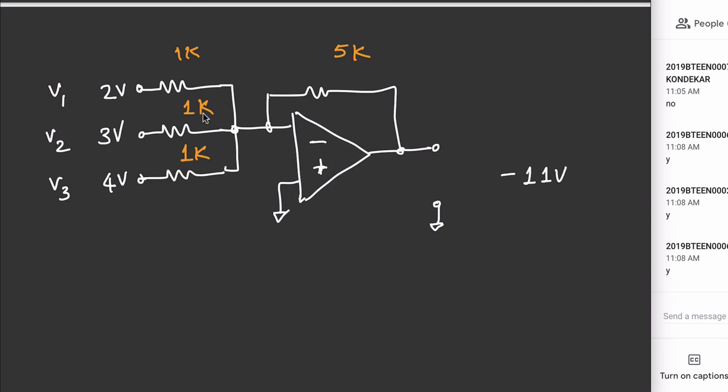Let me ask you a question. If I change this 4 volt to 4.5 volt, what will be the output? With 4 volt, it was minus 11. But if I change it to 4.5, what will be the output?